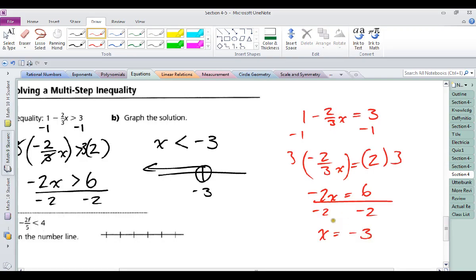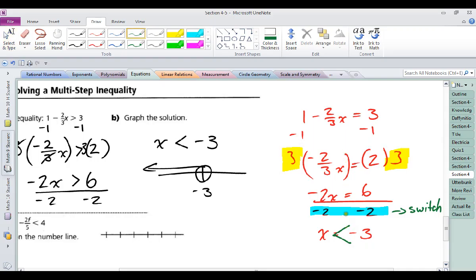Then they look in their work and see if they ever multiplied by a negative, which they didn't, or divided by a negative, which they did. As soon as they see that they divided by a negative, they know to switch. So I started out with a greater than, so I end up with a less than. That is perfectly legitimate.